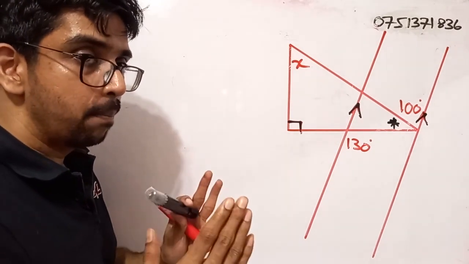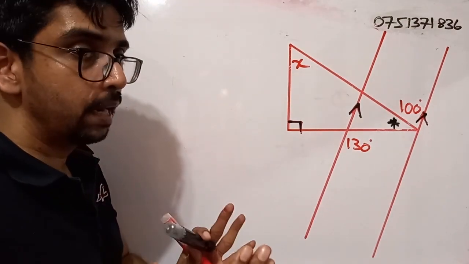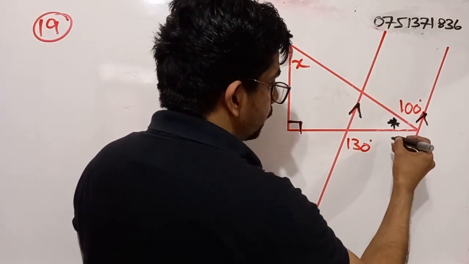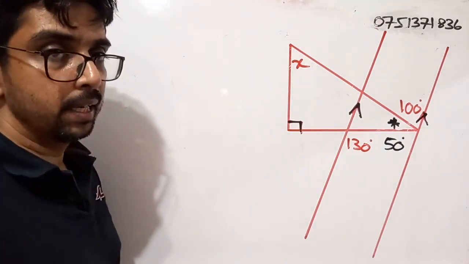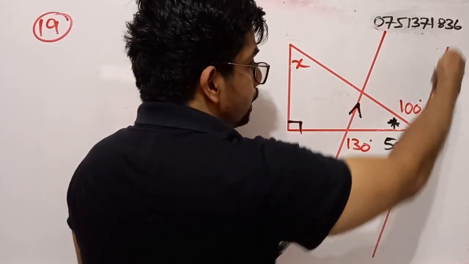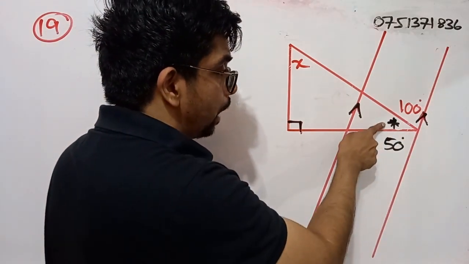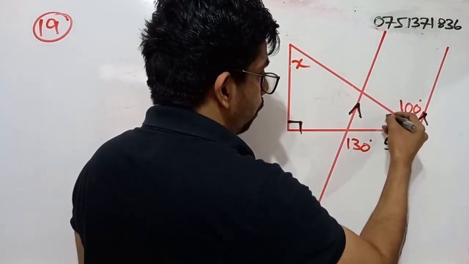That is the sum of a pair of allied angles. So that is equal to 180. That means if this angle is 130, definitely this angle should be 50 degrees. Now, since this line is a straight line, we can easily calculate the magnitude of this angle. So I will rename it as y.